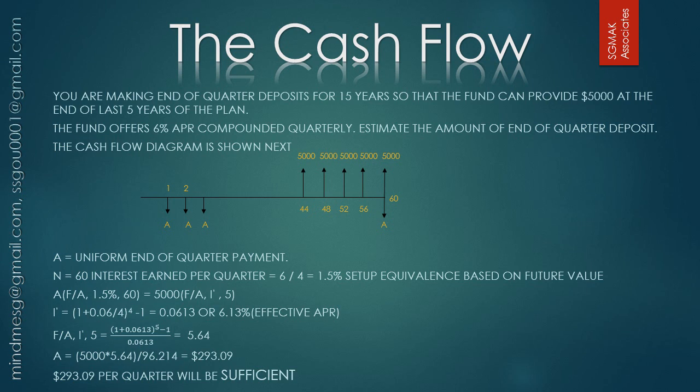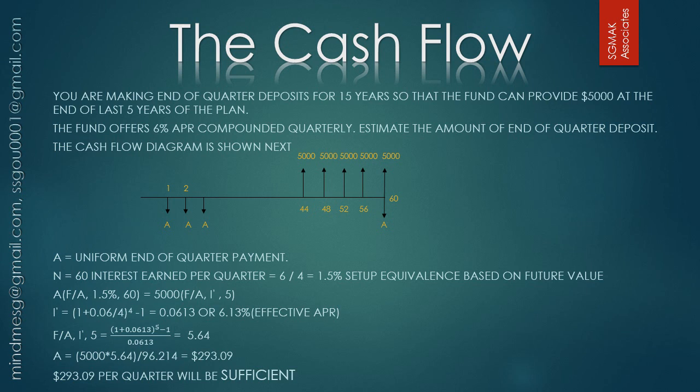Note that we got a new interest rate, i prime, and time period 5. i prime is the effective annual interest rate when you are compounding 4 times a year, 4 quarters, and each time period interest earned is 1.5%. So i prime is the effective rate and comes out to be (1 + 0.06/4) raised to the power 4, minus 1.